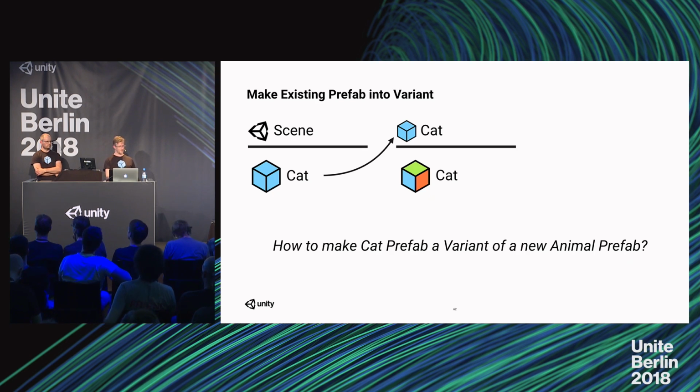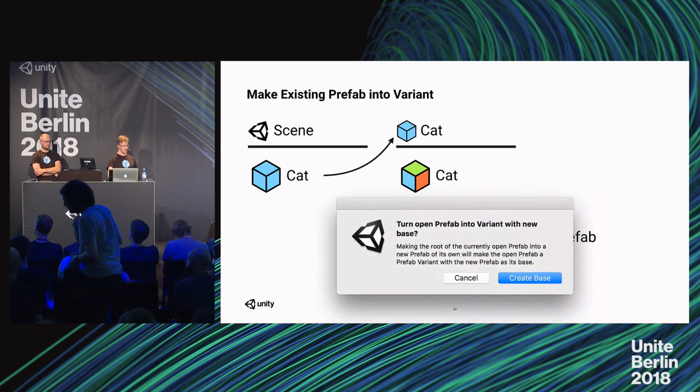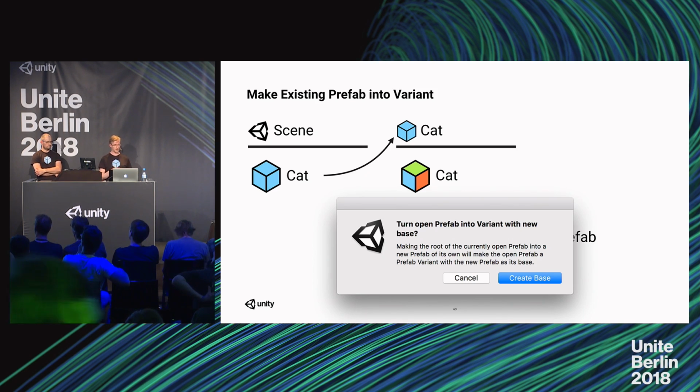You can go into prefab mode of the cat prefab, and in the root you will see a regular game object, and you can make that regular game object into a prefab and call it animal. It's no different from making any other regular game object into a prefab, but because the consequence here is that you actually are making the existing prefab into a variant, we want to make sure that you are aware of what you're doing.